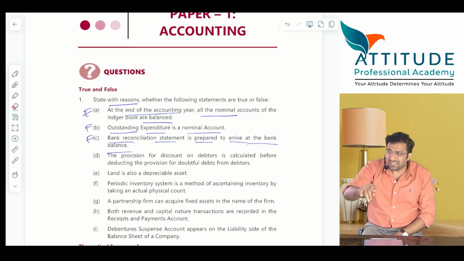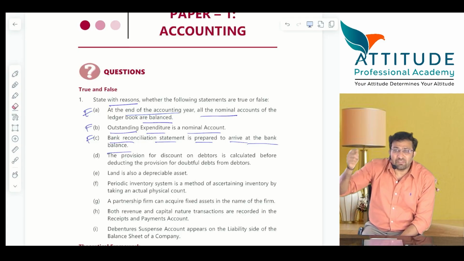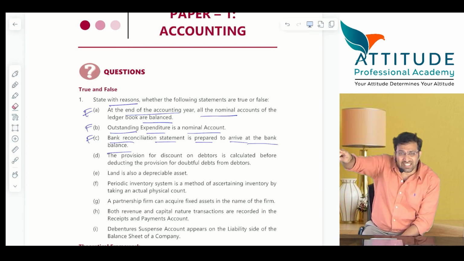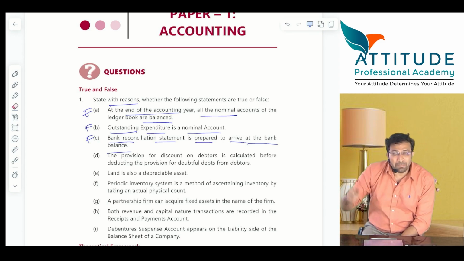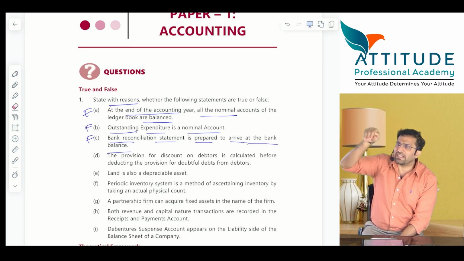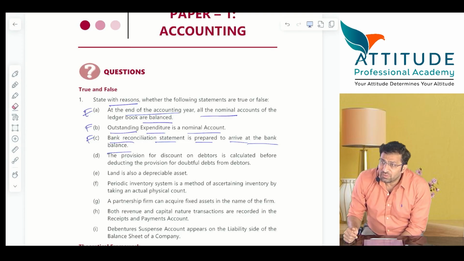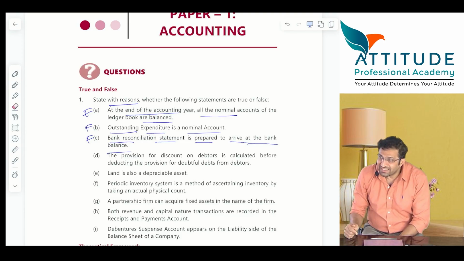Now this check payment should be done by my banker or no? Correct. When will my banker do the payment? When that check is presented to my banker by the electricity department. Electricity department presents it after 5 days. तो मेरा बैंक भी after 5 days will make the payment, no? Correct. Should you reconcile it? Yes.